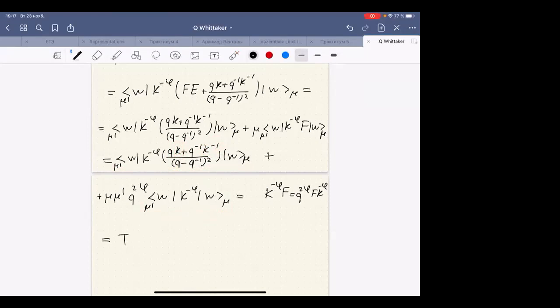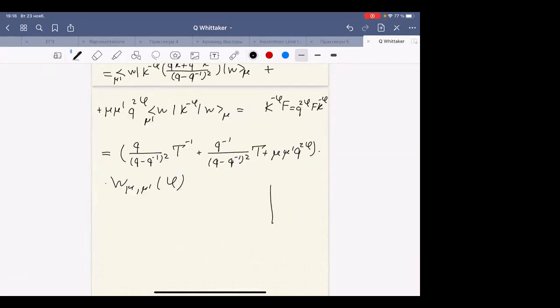So I will write in the following way: q tau minus 1 plus tau plus phi on Whittaker.